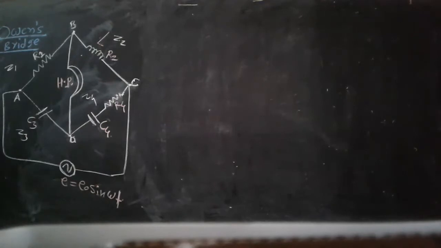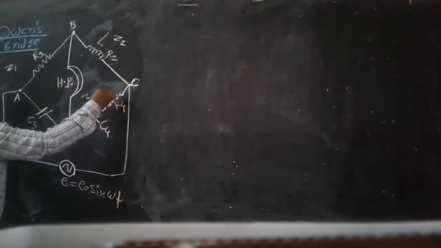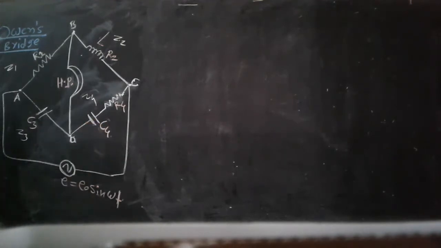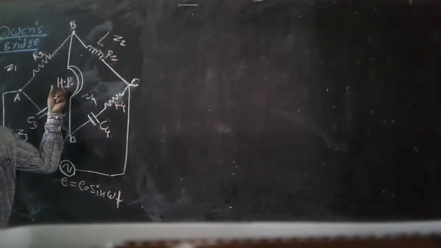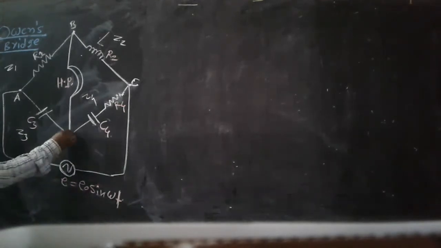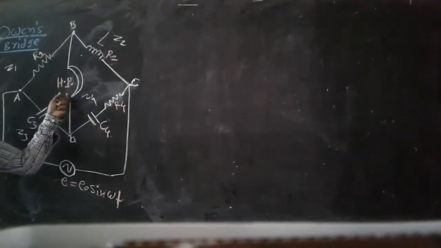Now in the Owen's bridge, the values of resistance R1, resistance R4 and capacitance C4 are so adjusted that there is minimum sound in the head phone. Or if a galvanometer is connected between the points B and D, the galvanometer shows zero deflection.